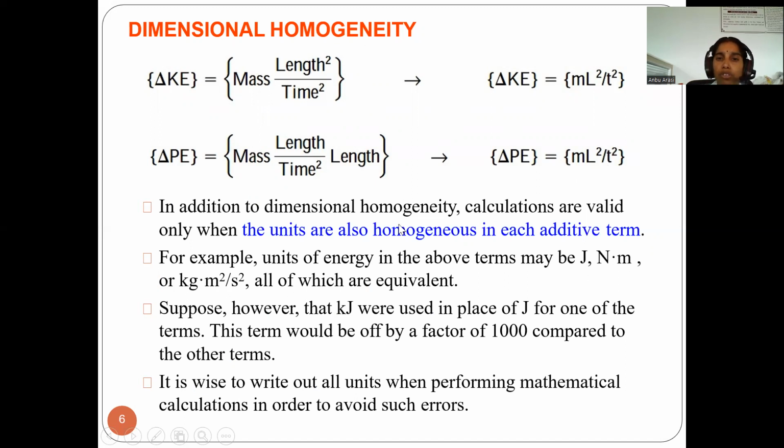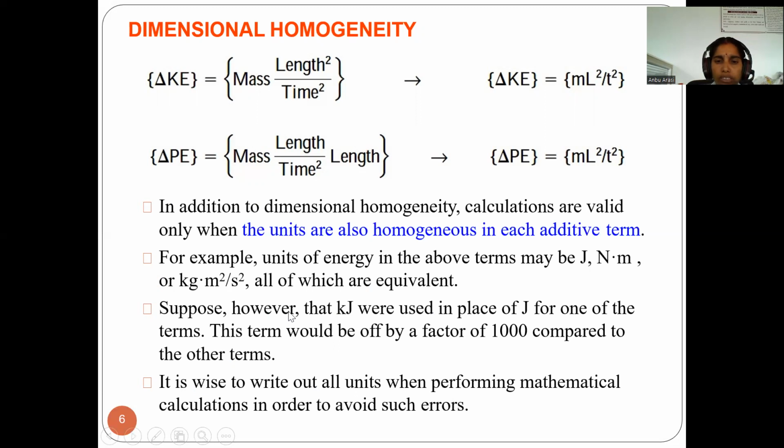In addition to dimensional homogeneity, calculations are valid only when the units are also homogeneous in each additive term. For example, units of energy in the above terms may be joules, or newton meter, or kilogram meter squared per second squared, all of which are equivalent.